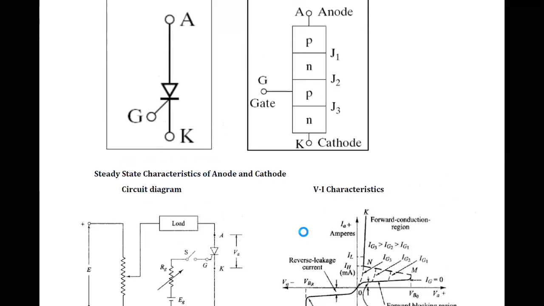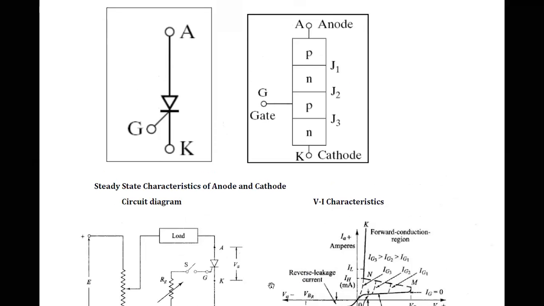Let us consider my first case, assuming that the anode is positive and the cathode is negative. Once I apply the battery voltage here, this is my battery supply, this is positive, this is negative. So now the diode is in which state? It is under forward bias. Let us assume that it is forward bias.